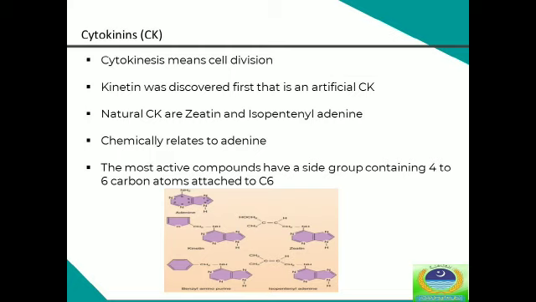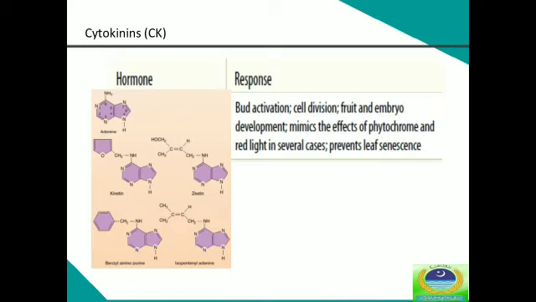And the most active compounds have a side group containing 4 to 6 carbon atoms attached to the carbon number 6. If the side group is longer or complex, it does not act like a cytokinin, lacking the proper shape and charge to bind with the cytokinin receptor molecule, which prevents it from acting as cytokinin.